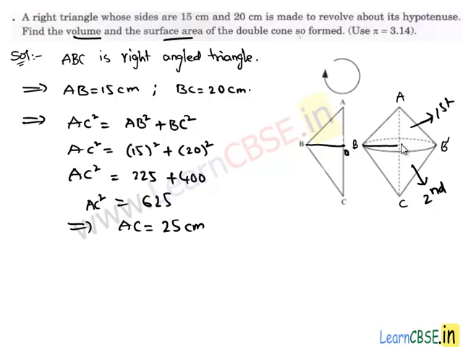Therefore, the radius of the base circle of the two cones is BO. And here O is the center of the base circle. So to find the volume and surface area, we have to find out the radius of the base circle, that is BO. So here we have the important step to find BO.